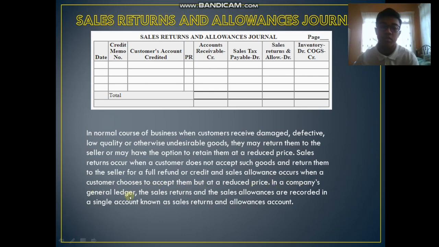In a company's general ledger, the sales returns and the sales allowances are recorded in a single account known as the Sales Returns and Allowances. The sales returns and allowances journal is similar to the sales journal mentioned above, but it records the sales returns and allowances, such as the credit note.